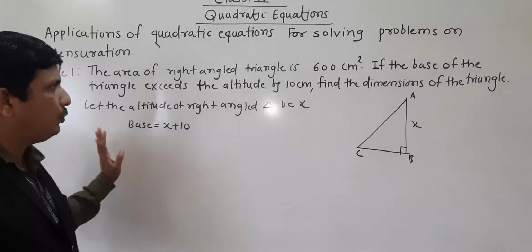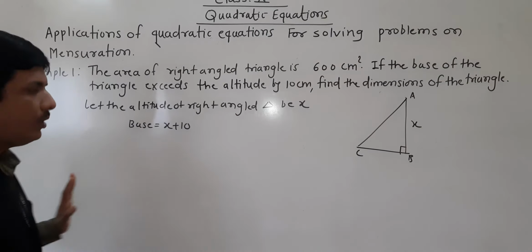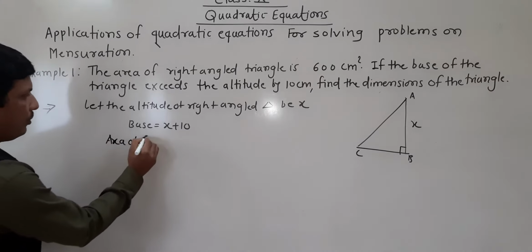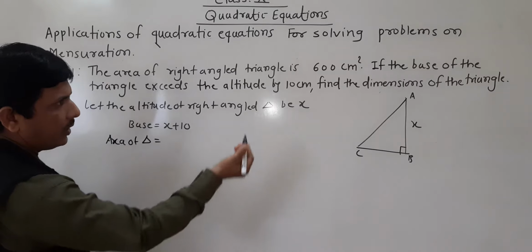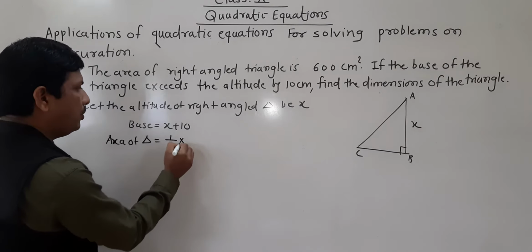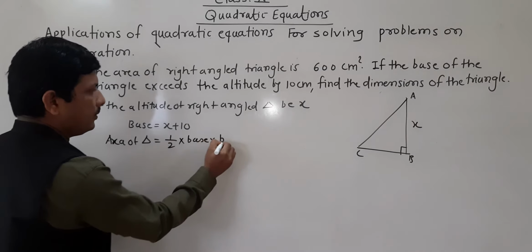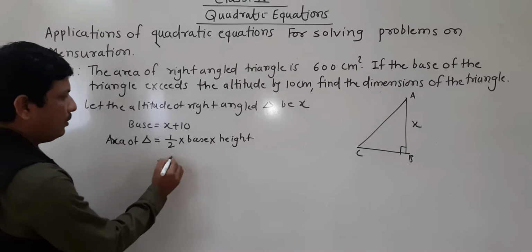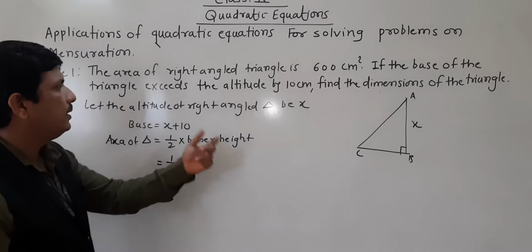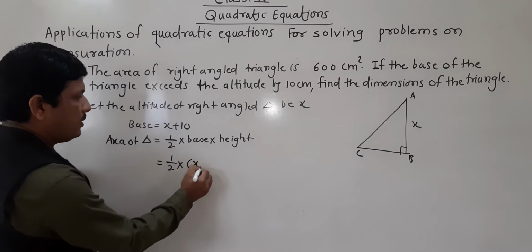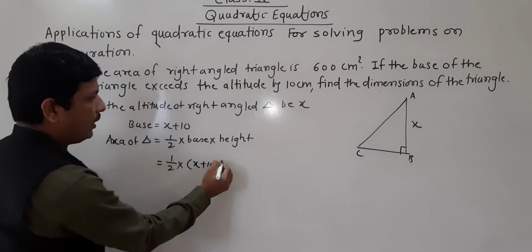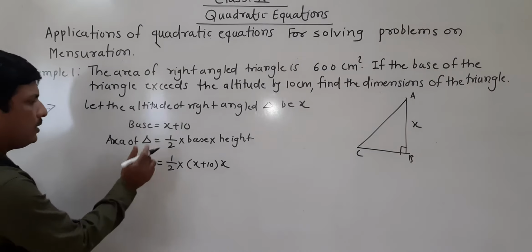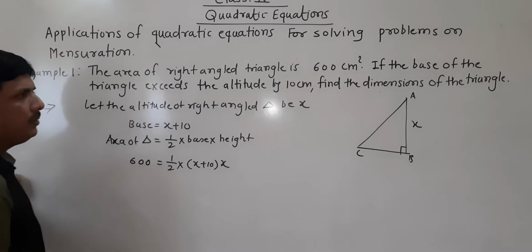So here we need to use the area of a triangle. Area of a right angle triangle, or any triangle, is equal to half into base into height. Half multiplied by the base, x plus 10, into the height, the altitude x, is equal to the area, 600 centimeters square.